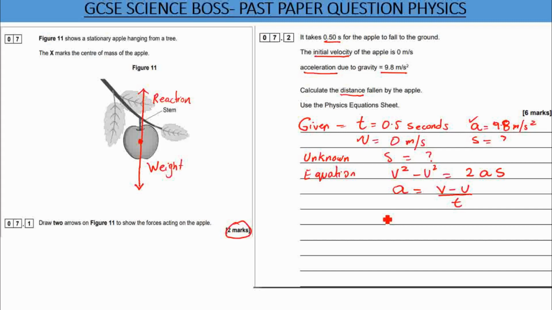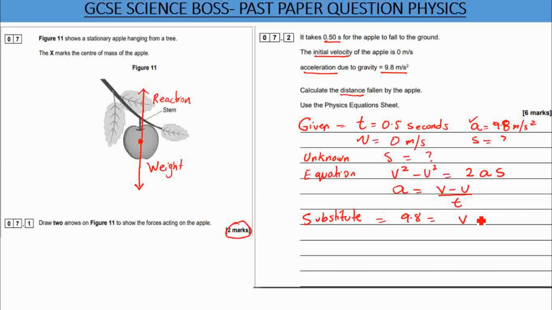So what's the value for A? Our value for A is, we're now going to substitute. So our value for A is 9.8. V, which is our final velocity. Alright, we don't know what our final velocity is.